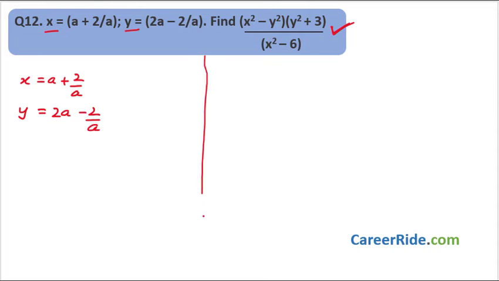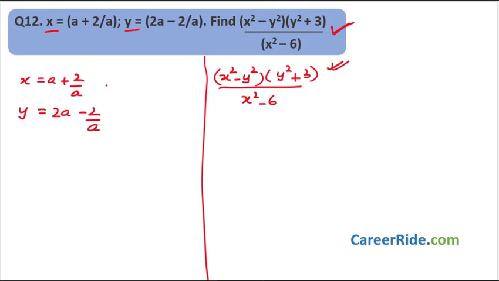Okay, and what do I have to find out? I have to find out the value for (x square minus y square) into (y square plus 3) divided by (x square minus 6). I have to find out the value for this expression. Okay, so coming back to what is given to me, there are two equations, x is equal to a plus 2 by a and y is equal to 2a minus 2 by a, right?